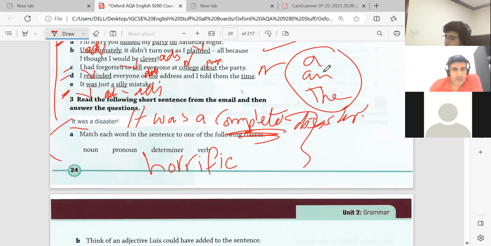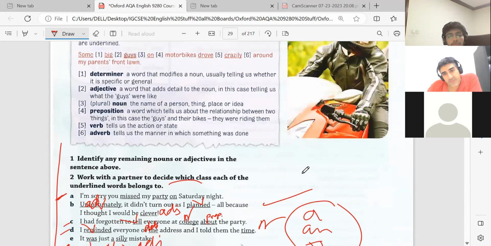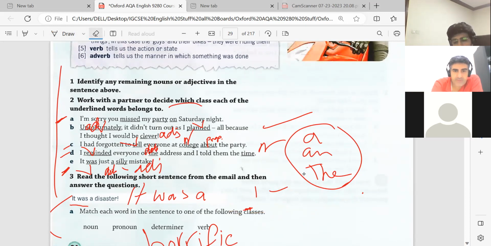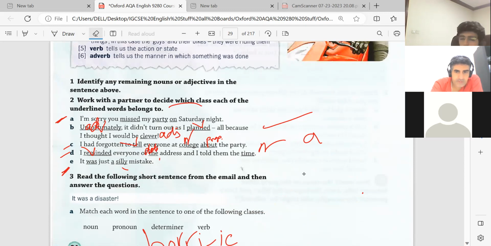Excellent. Okay, the last one, guys. Think of an adverb Lewis could have added to the sentence. This time I want you to add an adverb. We already know the adjective. Who can add an adverb to the sentence? Should the adverb always be before the verb or not? So again, Akram, should the adverb always be before the verb or not?